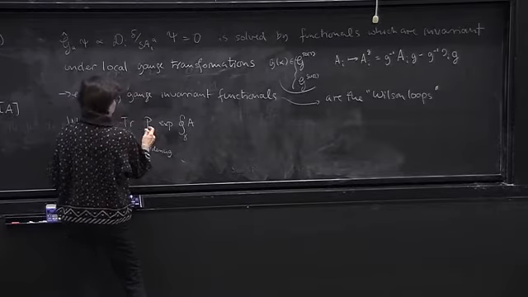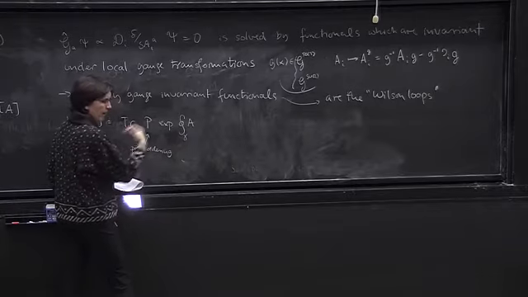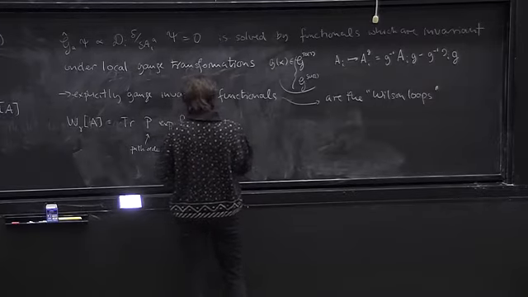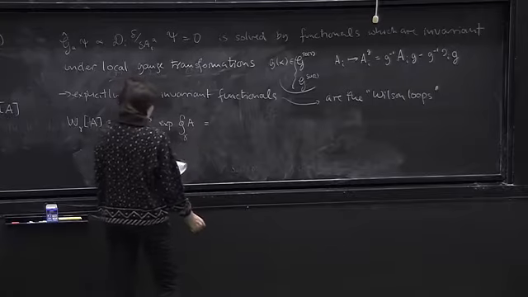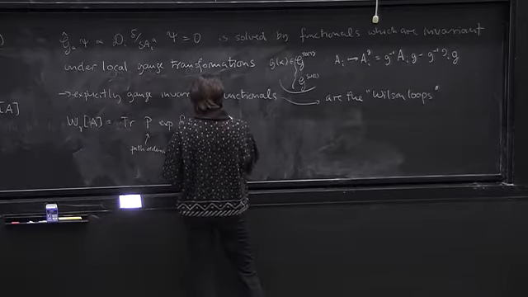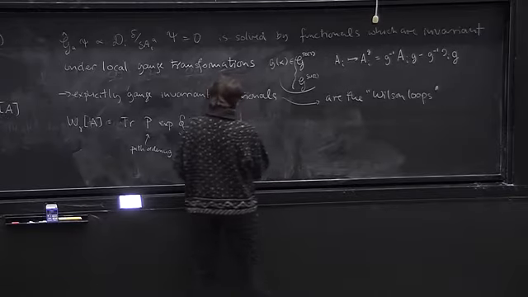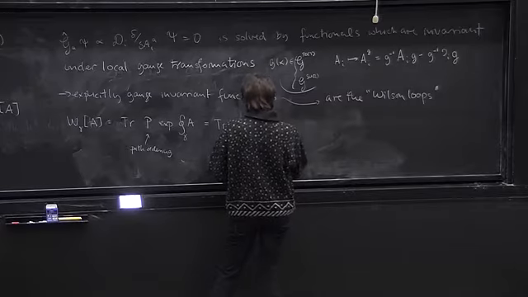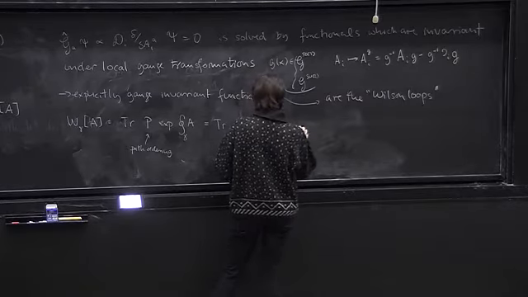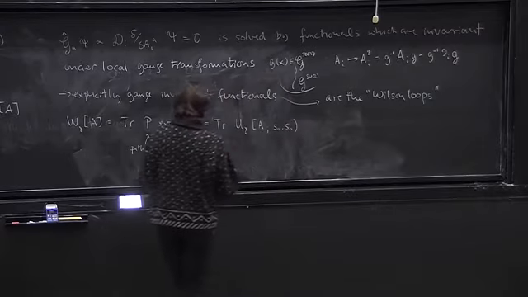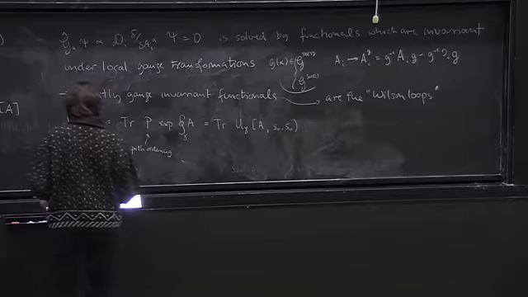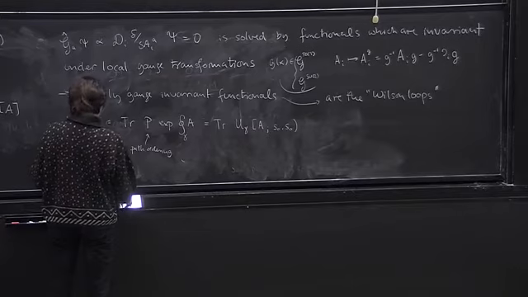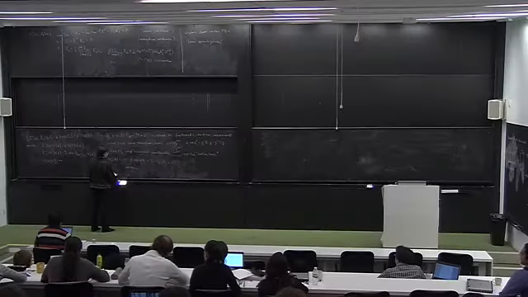So it indicates that whatever stands to the right of this symbol has to be path ordered. We'll just get to what this is. And this whole object that appears under the trace is also known as a holonomy, for which I use the symbol U_gamma(A). That's the gauge field dependence. Okay, I'll just draw a little picture in a second of the physical situation I have in mind here.